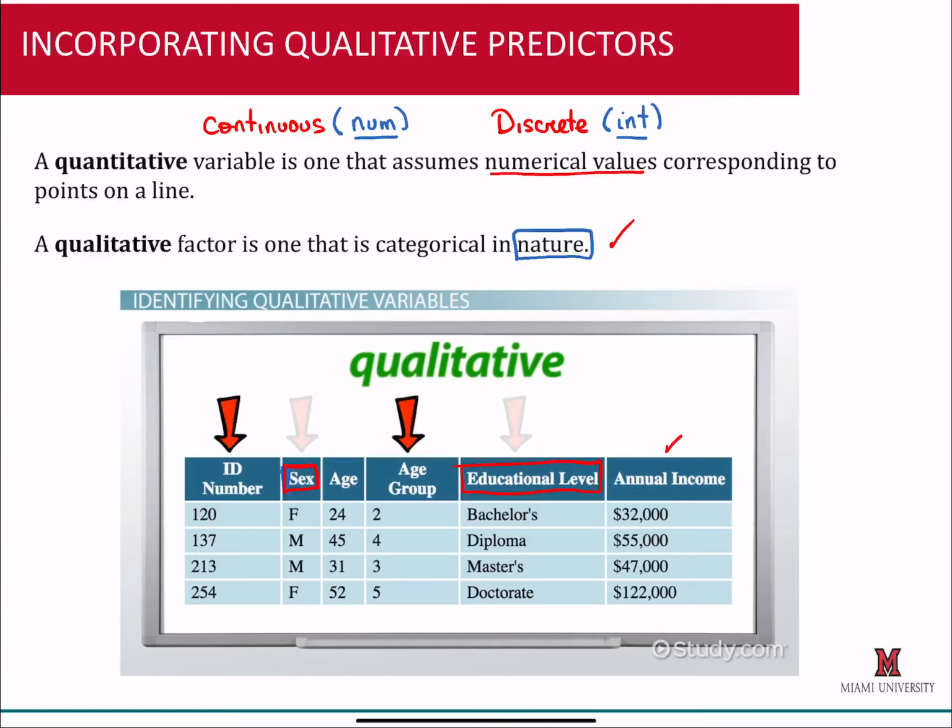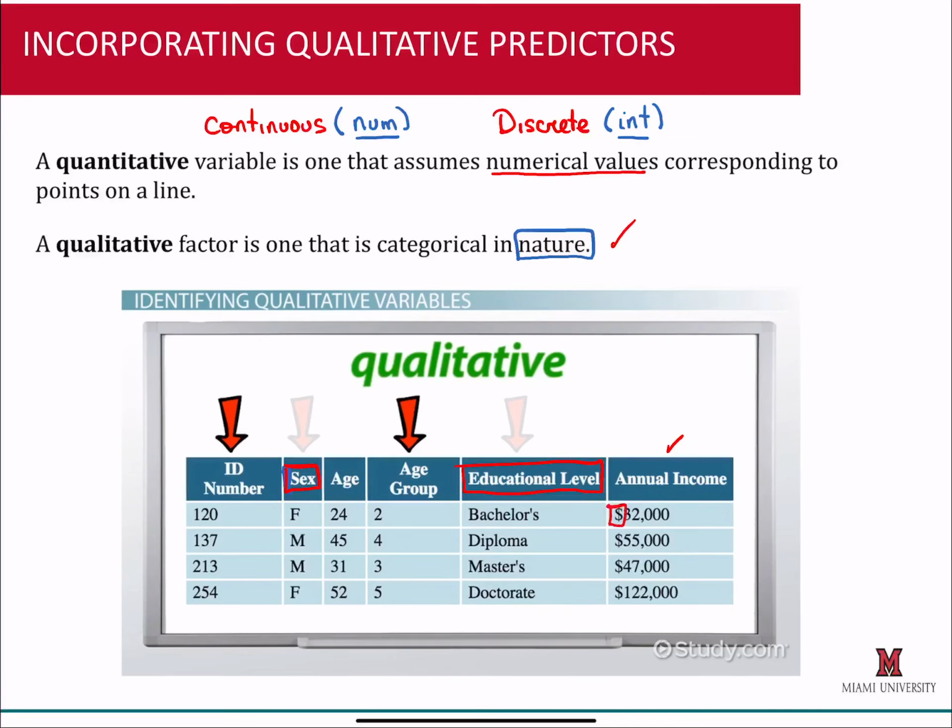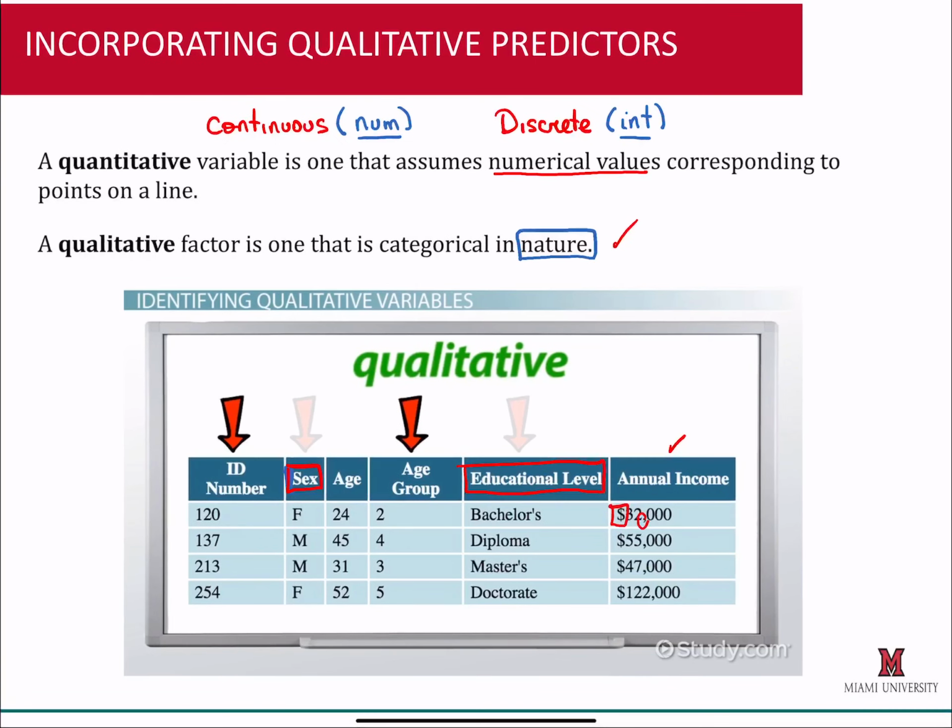So for instance, annual income here is a quantitative variable in nature, but because it has the dollar sign and also a comma in it, if we read it in R, it's most likely going to be automatically assigned to be a qualitative factor in most programming languages. We have to be careful with those.